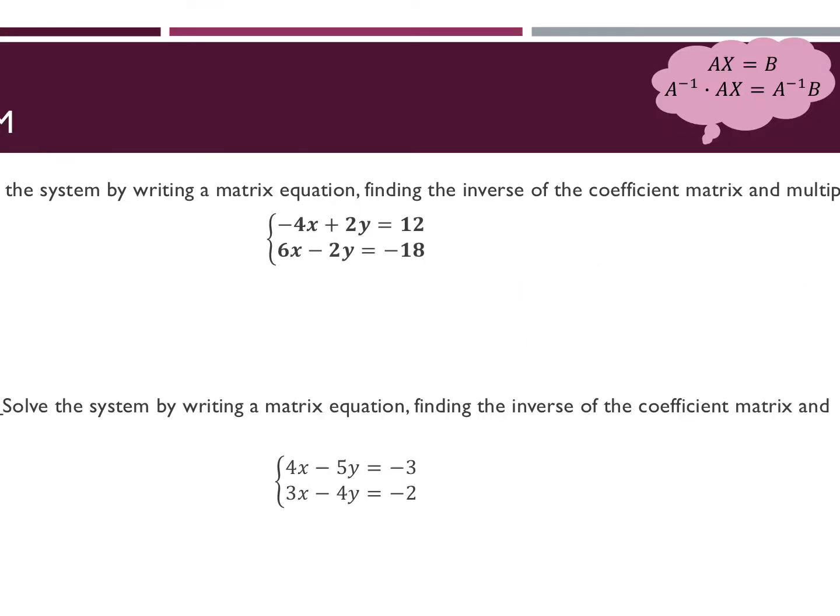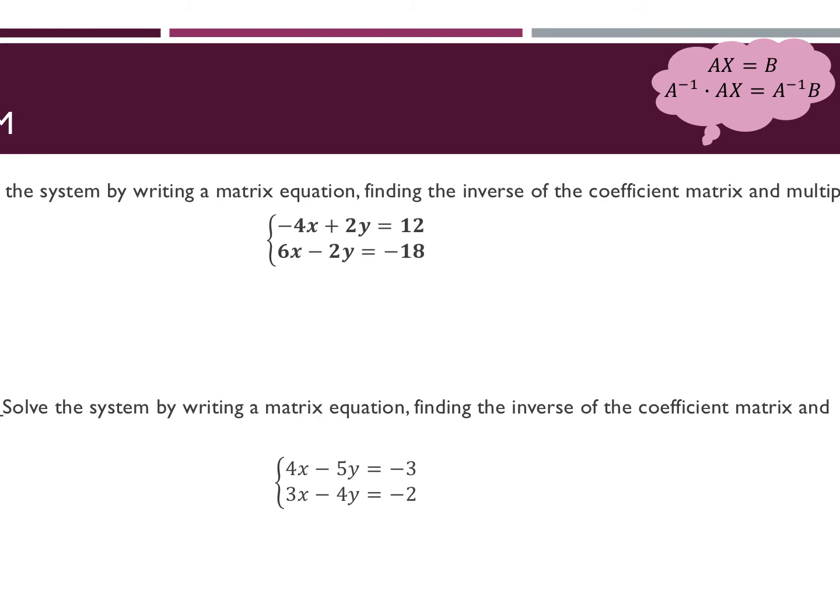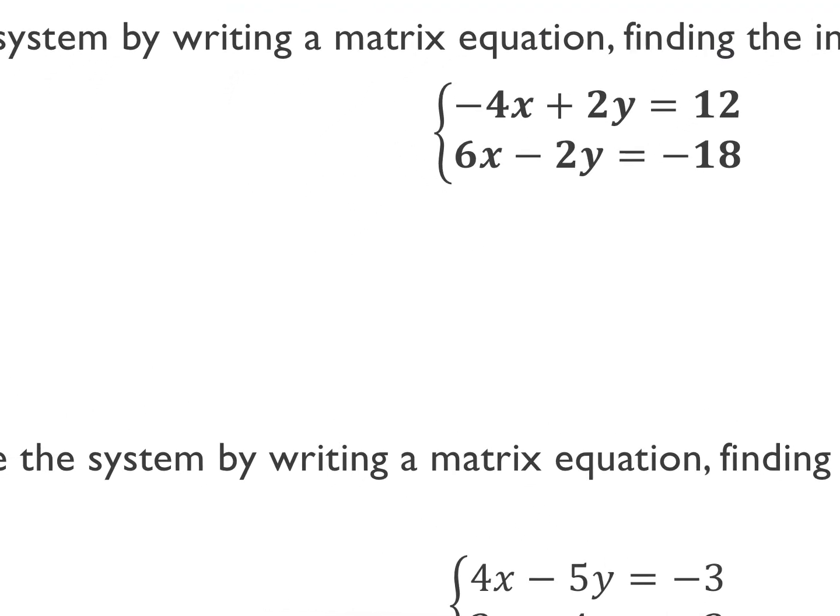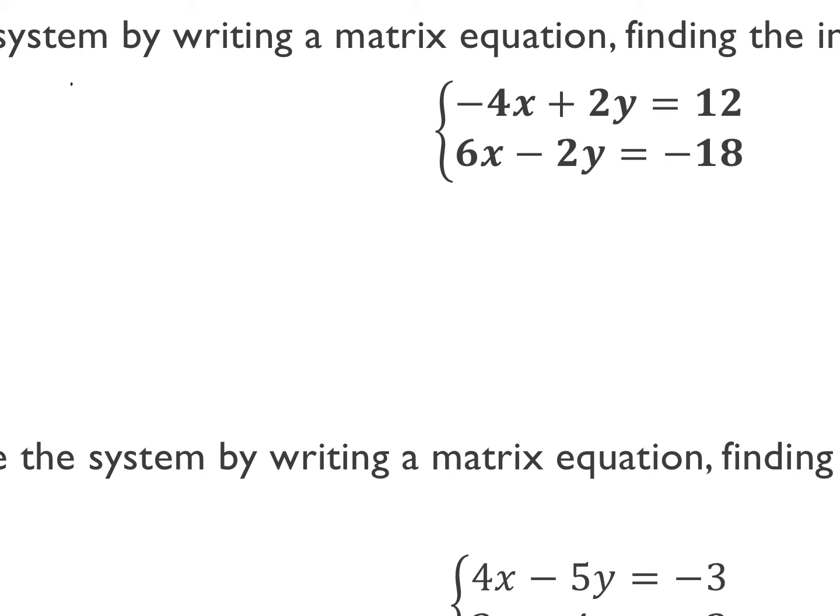In our next example, we are going to solve the system by writing a matrix equation, finding the inverse of the coefficient matrix, and then multiplying. So there are actually 4 steps that we will do with this type of problem, and I will zoom in some more so we have more space. The first thing we'll do is write our matrix equation.